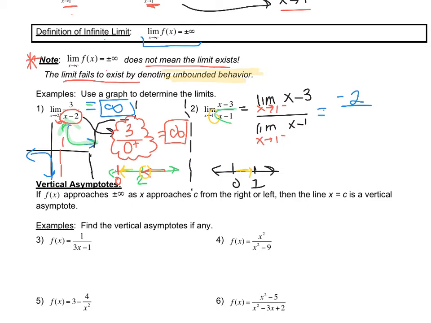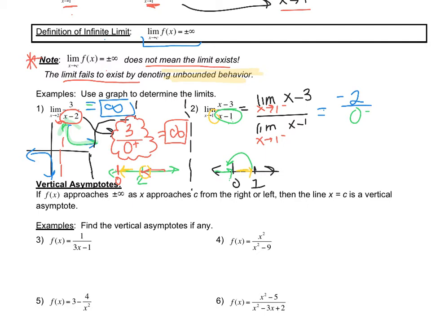If I subtract 1 from that, and I'm going to think of subtracting 1 because that's what my function is up there, then my number is approaching 0 from the left. So what does that mean? It's negative, but it's a tiny decimal that's negative.